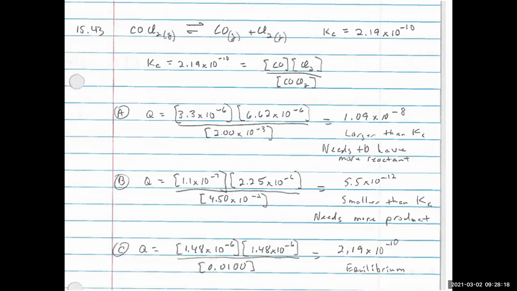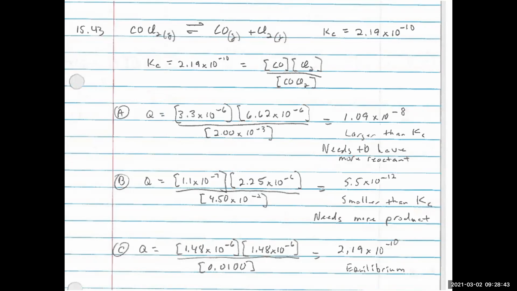And that's because when we did this calculation using the numbers that we were given at that point in time, we actually got our equilibrium constant value. And so that tells us the reaction's good to go where it is. The concentrations are where they need to be.